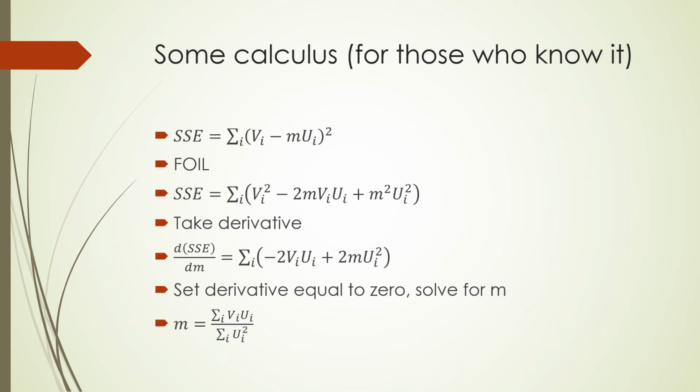And the last term is a square in m, so the derivative of m squared is 2m, and then the coefficient is ui squared. Now I want to take that derivative and set it equal to 0 and solve for m. This is a standard way to find a max or min in calculus. If I solve for m, I recover the result that we've already seen, the sum of vi ui divided by the sum of ui squared.